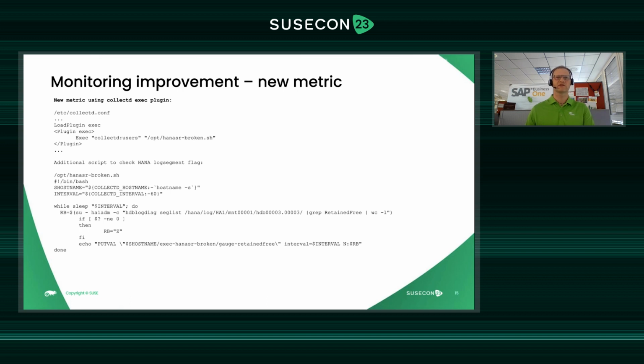Using HDB log diag, a tool coming with SAP HANA, we can check the status of the log files. If a log file is already backed up and just waiting for shipping to the secondary side, it gets the status retained free. What we can do now with a script is look in the log files and count how many files have the flag retained free. Checking those files generates a metric with collectd.